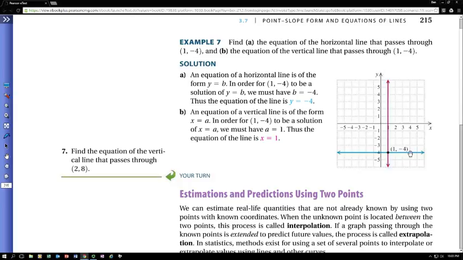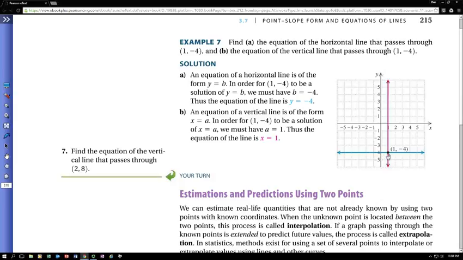Let's look at the slope. Slope is rise over run. How much rise is there for a horizontal line? Every ordered pair on this line, like the one here, -1, -4, I could put another one here, which would be 0, -4. I could use the slope formula, but if you think about what slope means, it's the rise, the amount of vertical change from one point to another, over the run.